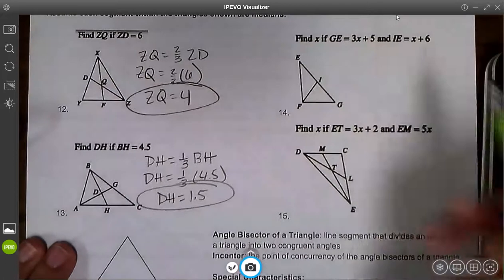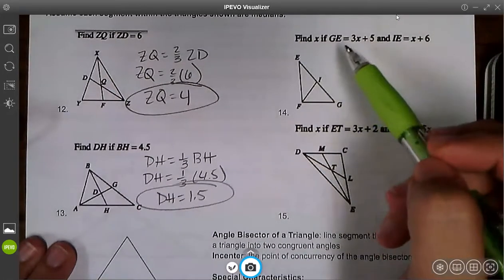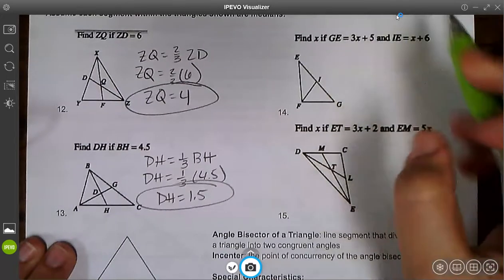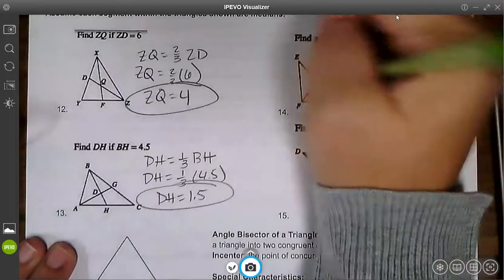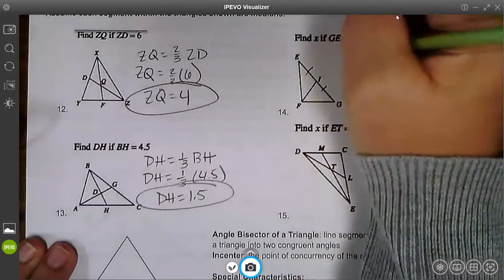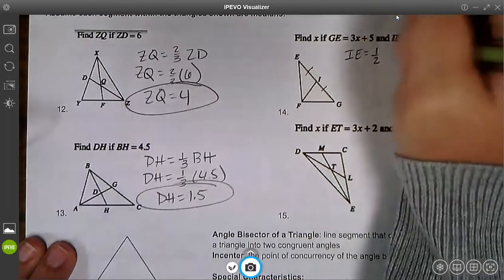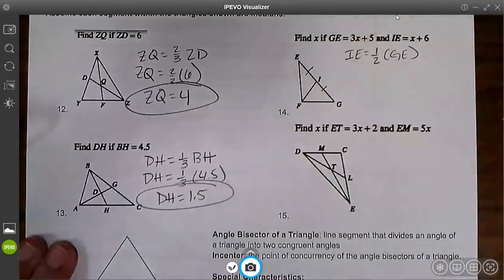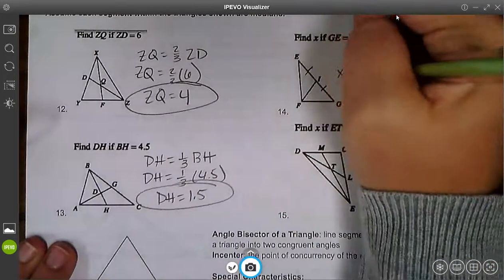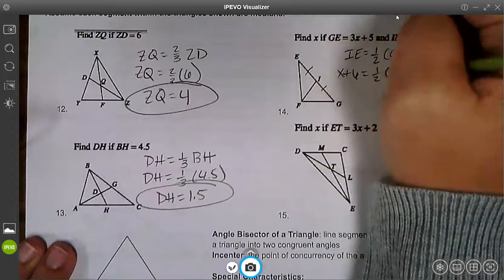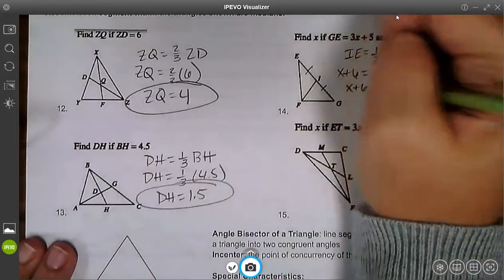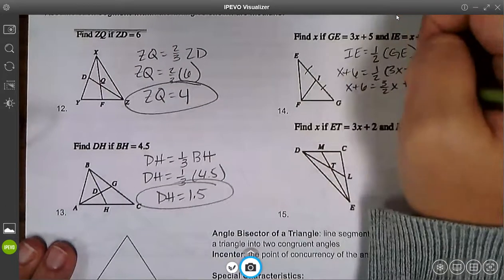IF is a median, so find x if GE, which is the whole thing, is 3x plus 5, and IE is x plus 6. So if that's the case, then this is cut into 2 congruent pieces, or IE is half of GE. So I'm going to plug these in here. I have x plus 6 is going to be half of 3x plus 5. Distribute my 1/2, x plus 6 equals 3 over 2 x plus 5 over 2.